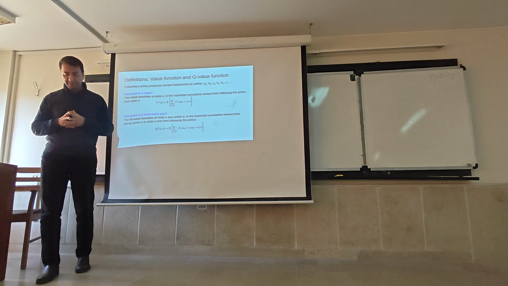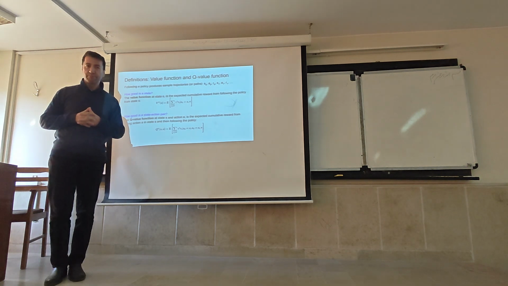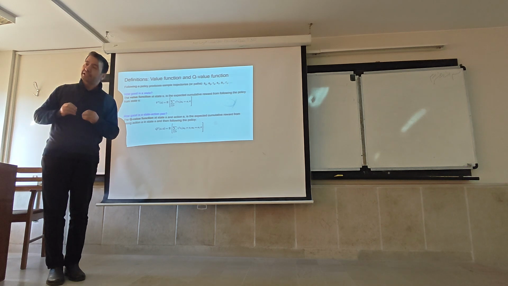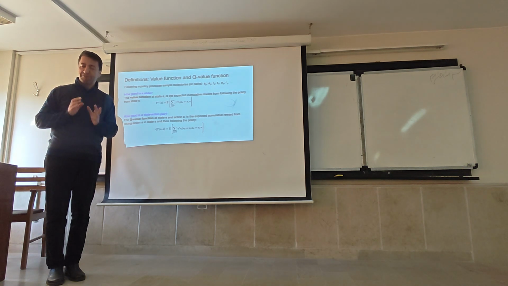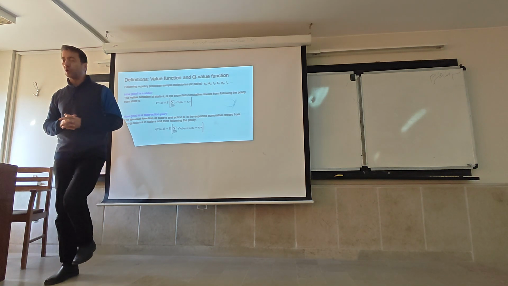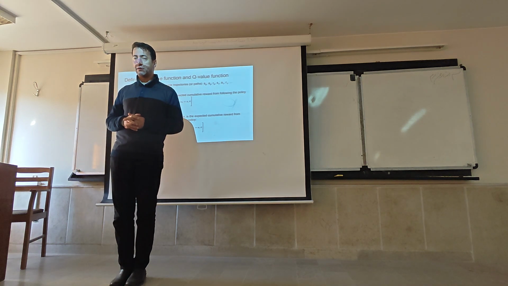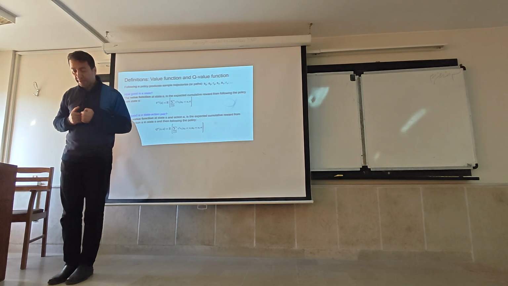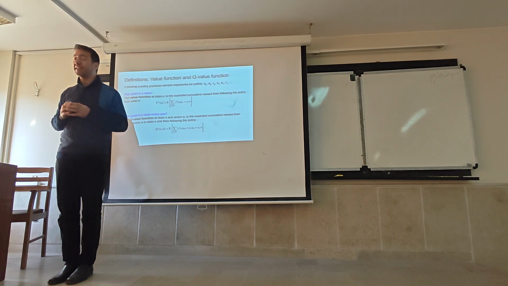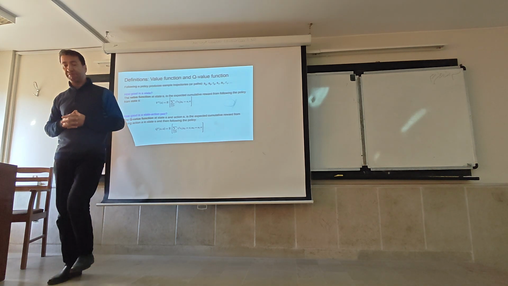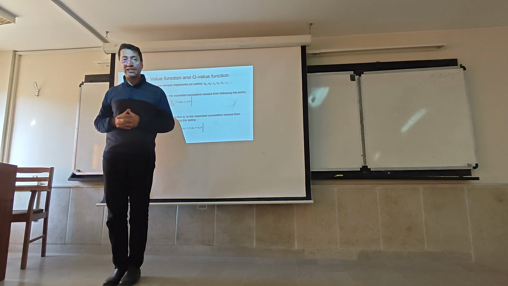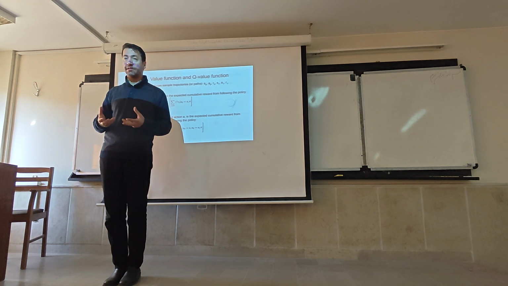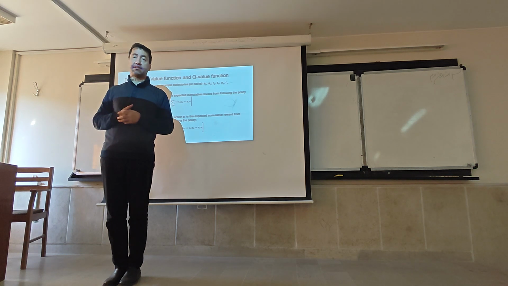The Q value function says, if we are in this state, and the first action we know, for example, is to go left, the Q function returns us, if we are in state S and the first action is action A, the total reward we expect to achieve.